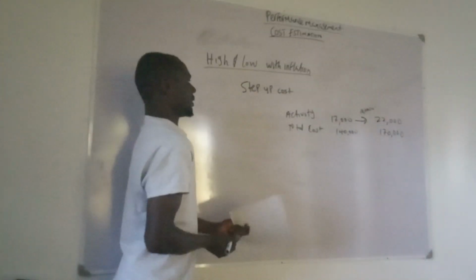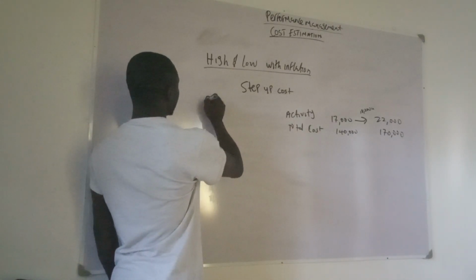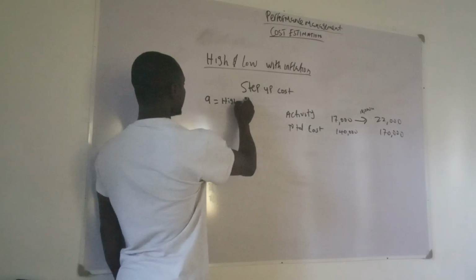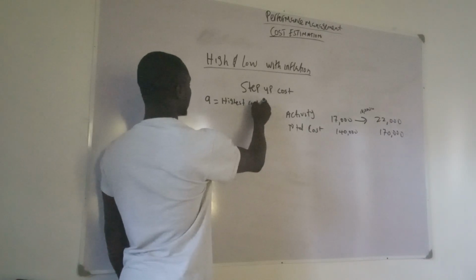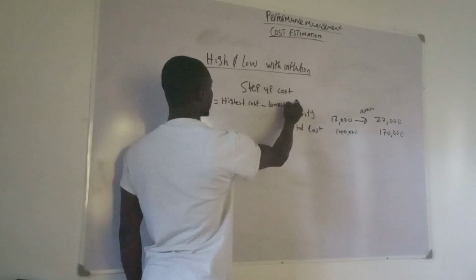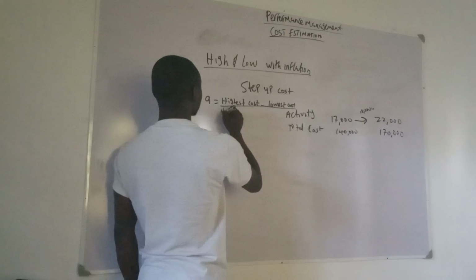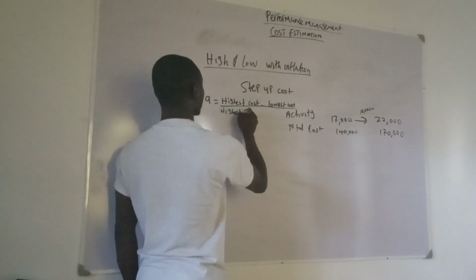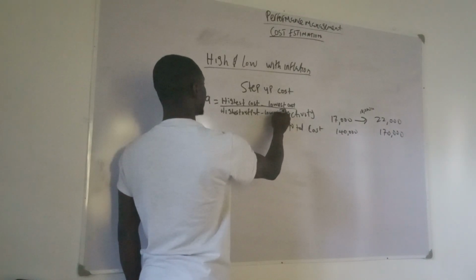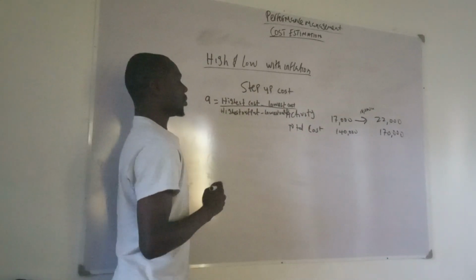Now, what do we have? We have A equals highest cost minus lowest cost, divided by highest output minus lowest output.